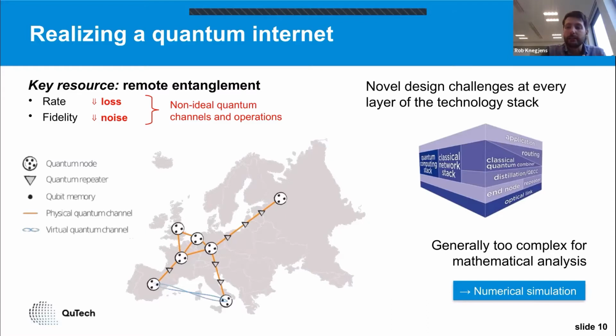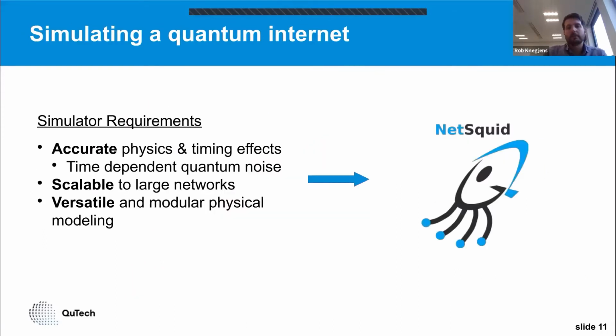Now, taking all these things together is generally too complex to study with exact mathematical models, and therefore it's natural to turn to numerical simulation. And that was the motivation to work towards developing a quantum network simulator, so a numerical simulator, and the requirements we had for it were that it should be able to accurately capture these physical non-idealities and timing effects, because they're crucial for ultimately being able to determine the performance of your network, and being able to determine what the requirements of your quantum internet are, given the applications you have in mind.